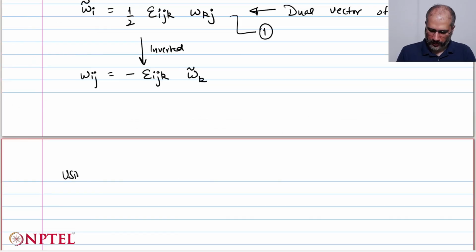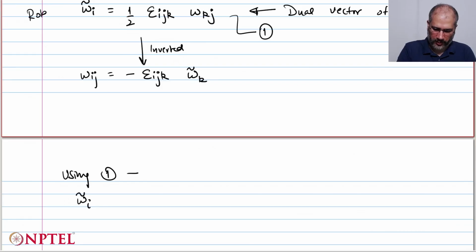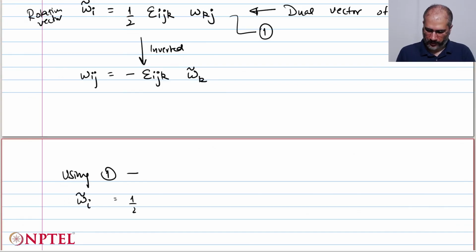So using 1, I can write my rotation vector. Let's call it rotation vector as half epsilon_ijk, and then I'll substitute the definition of omega that we just found out above. That's half u_k,j minus u_j,k.